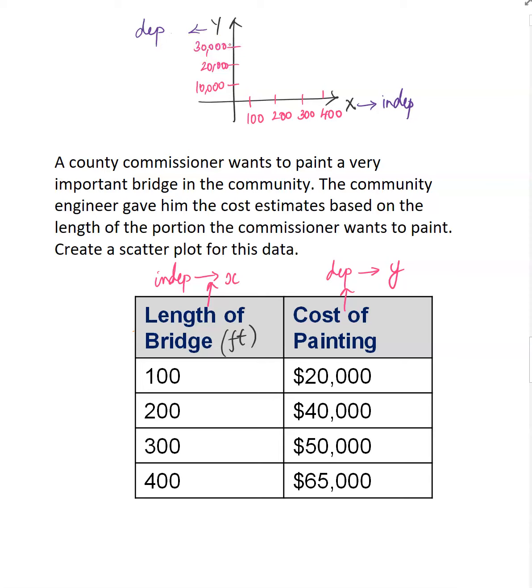And then you could begin to plot. For instance, the first one you'll plot will be 100. This is X, right? This is Y. So this would be basically 100, 20,000. The first point will be like this. So you're going to get all 4 points for this using the scatter plot idea. Now you could do it graphically, manually like this, or you could do it as a graph using an Excel spreadsheet.